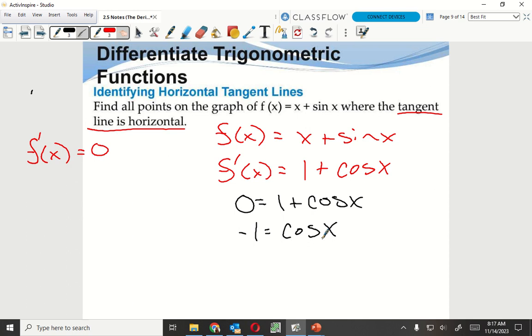So I'm going to have to do the inverse here to replace these two items. So now it's going to do x equals inverse cosine of negative 1. So I'm switching these two things right here when I change it to an inverse cosine.